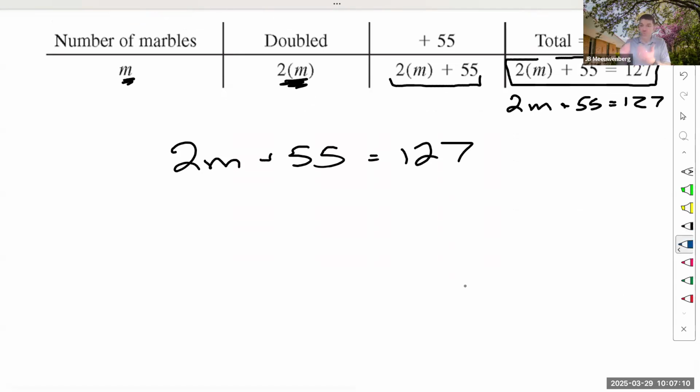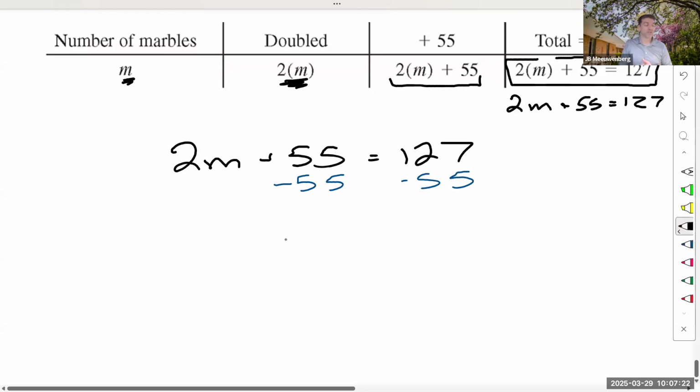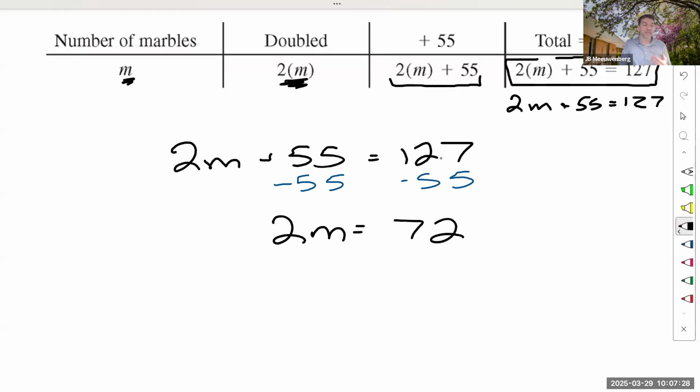So the first thing that you would do, picture your balance scales. We only have boxes on the left. We got marbles on both sides. So we'd subtract 55 from both sides, leaving us with 2m is equal to 72. We use the subtraction property of equality, and then we simplified.